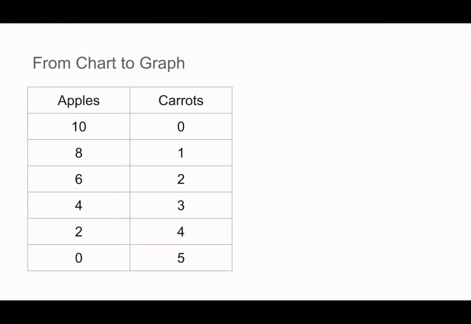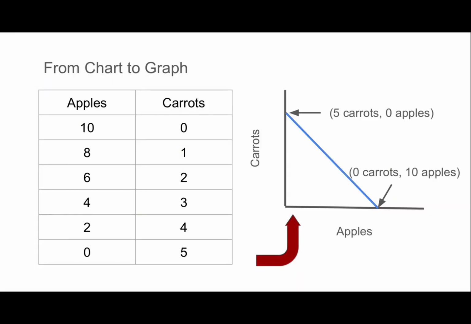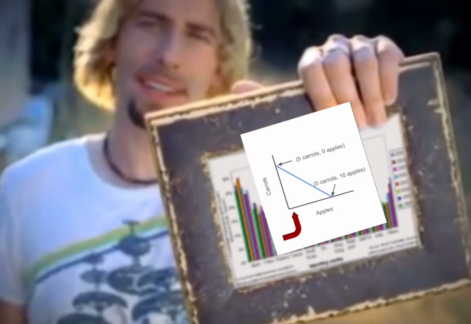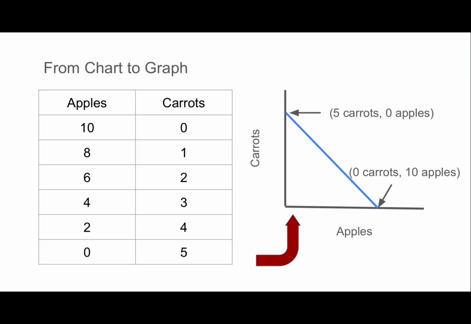Expanding on the examples of apples and carrots, you have the chart, and then look at this graph. As you can see, the graph is linear. So at the top of the y-axis, which represents carrots, you have the 5 carrot production with 0 apples, showing the trade-off between 2 apples for 1 carrot produced.